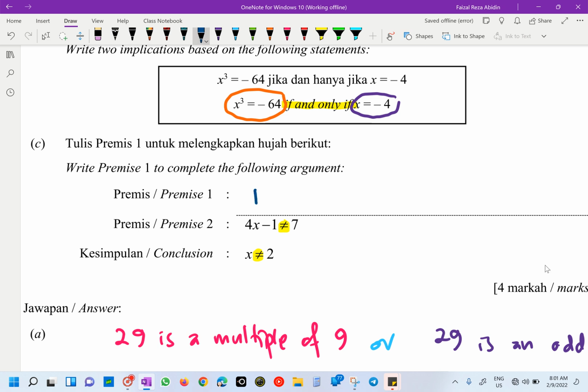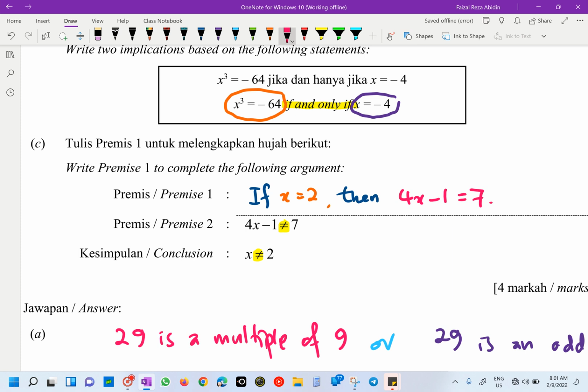You get if x equals to 2, then 4x minus 1 equals to 7. Is it true? Yes, x equals to 2. Don't take if 4x minus 1 equals to 7, then x equals to 2.